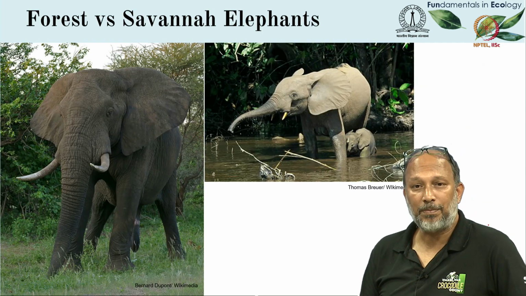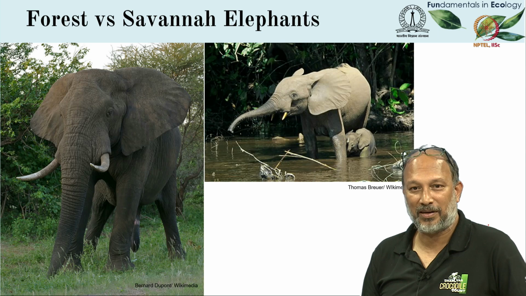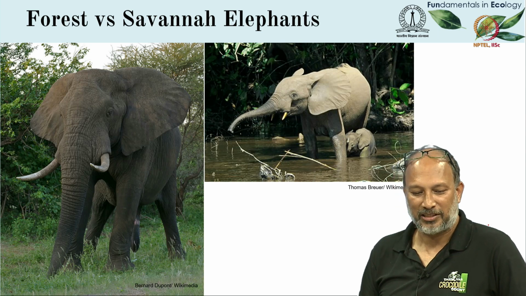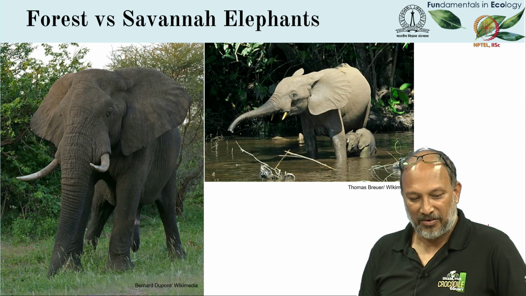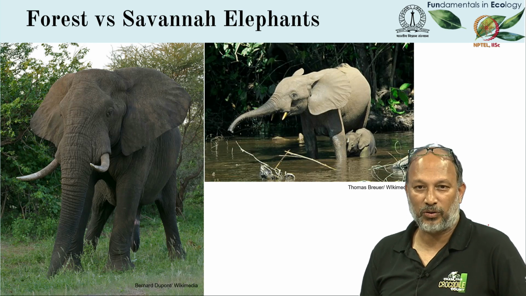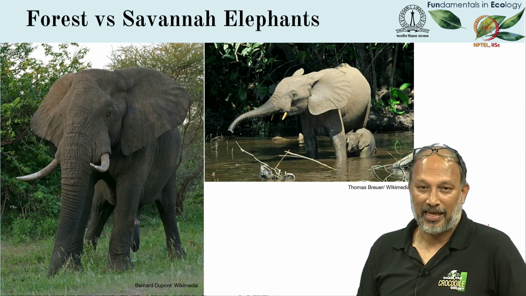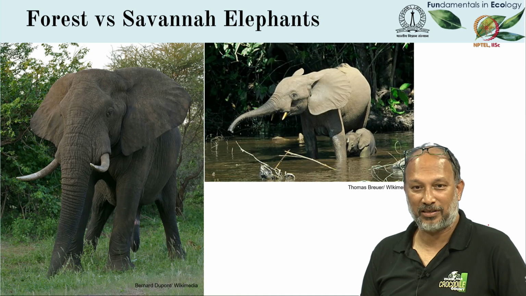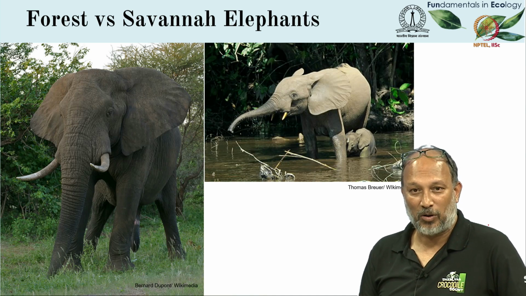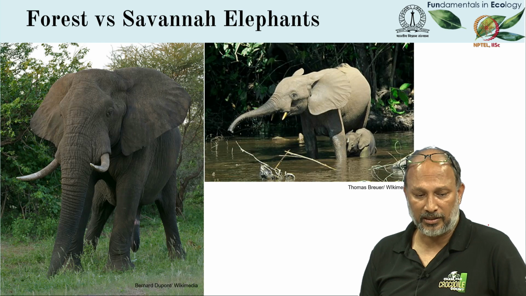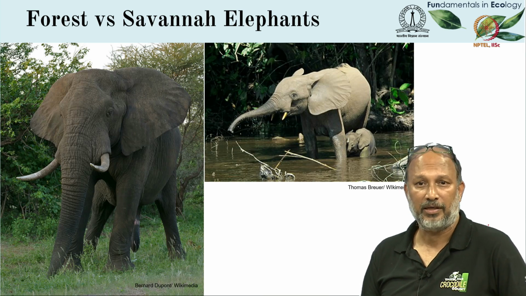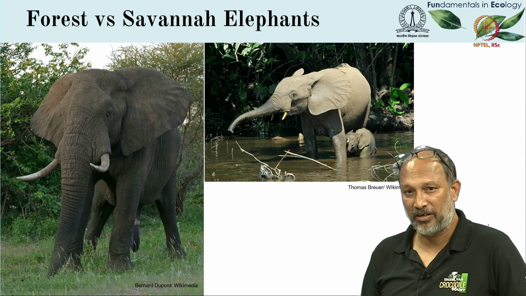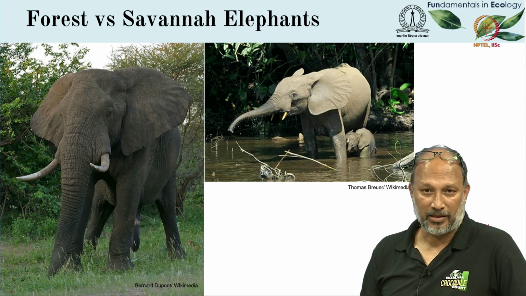So to wrap this up, coming back to some of the examples that we started out with at the beginning, genetic data has in fact shown over the last 2 decades that African elephants are also not a single species. There's a savanna elephant that's widespread throughout southern and eastern Africa, and the forest elephant that's found in central West Africa.